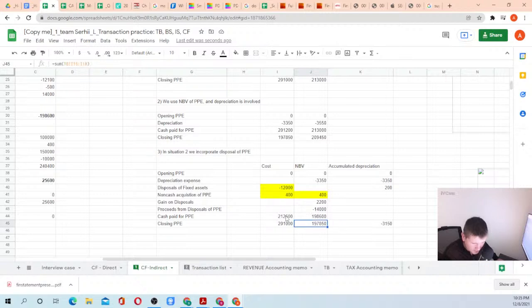So non-cash. What am I missing here? Okay. My formula is just not right. 43.